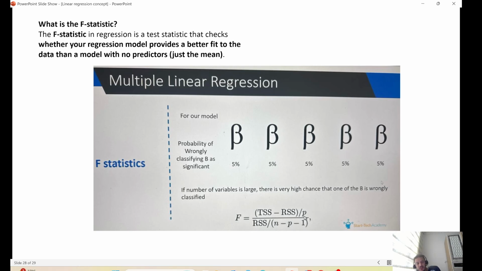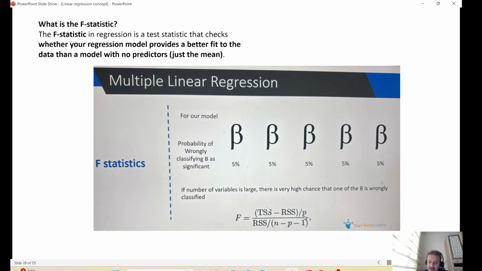This is the equation: the total sum of squares minus the residual sum of squares, where p is the number of predictors and n is the number of samples.